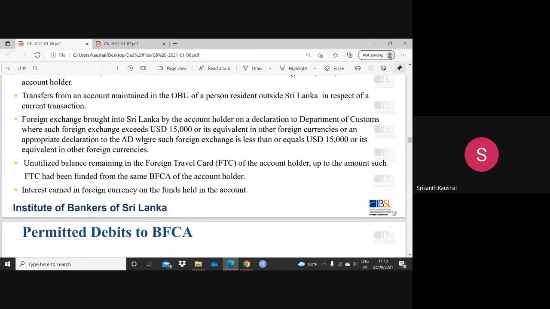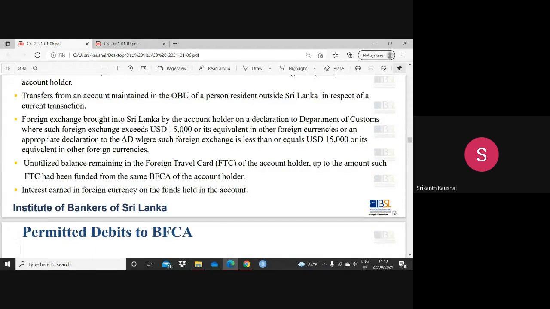Then whatever interest is in the account, that also is a credit. So remember, for any foreign currency account, you can easily remember 3 credits and 3 debits. What are the 3 credits? Any inward remittances coming through the banking channel, 1 credit. Transfer to your own account, 1 credit.